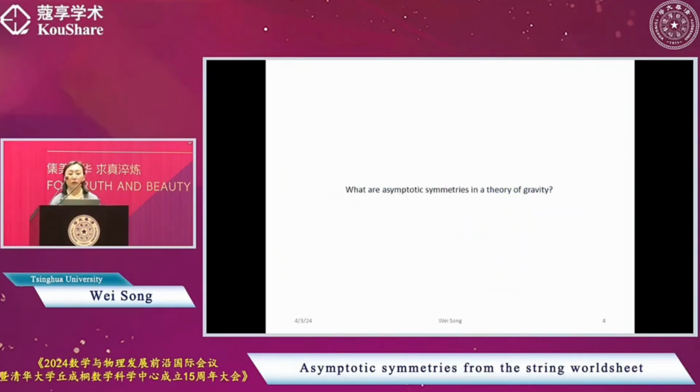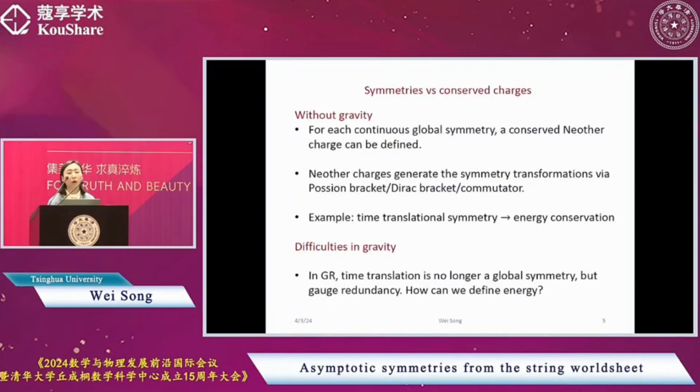So let's start with the first question. What are asymptotic symmetries in a theory of gravity? We know symmetries are closely related to conserved quantities. According to Noether, once you have a continuous global symmetry, then you will be able to define a conserved charge, the Noether charge.